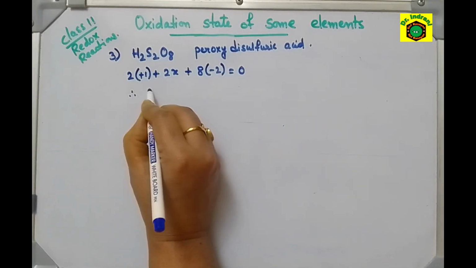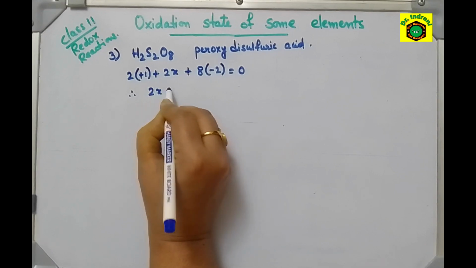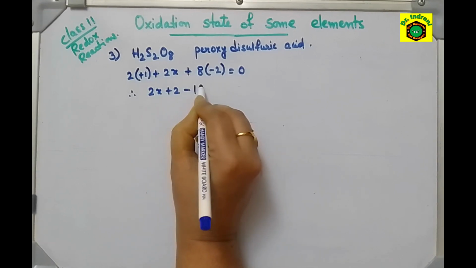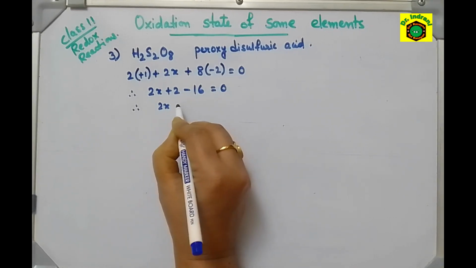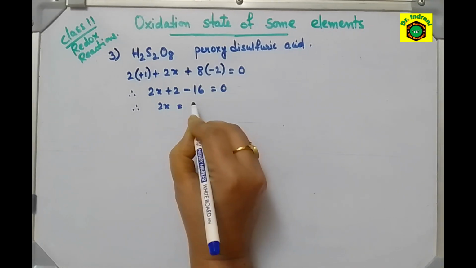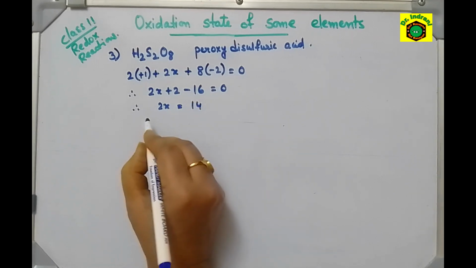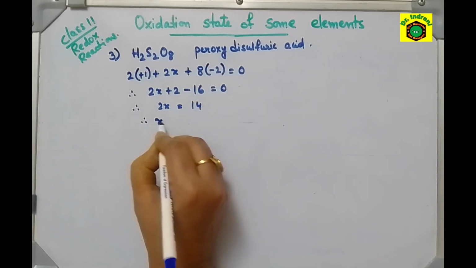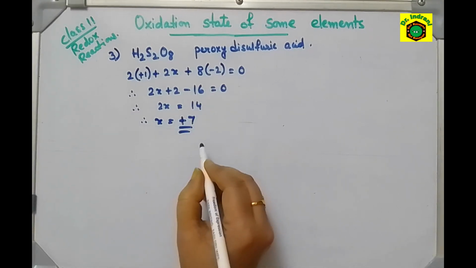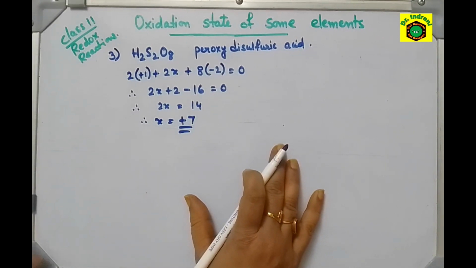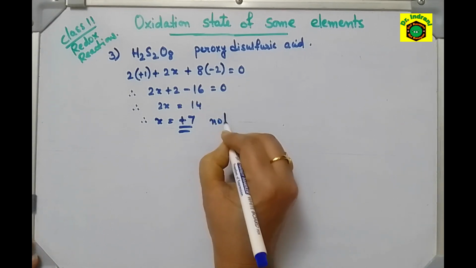Therefore, 2X plus 2 minus 16 is equal to 0. Therefore, 2X is equal to 14. Therefore, X is equal to plus 7. This is also not possible. So there may be peroxide linkage. Not possible.